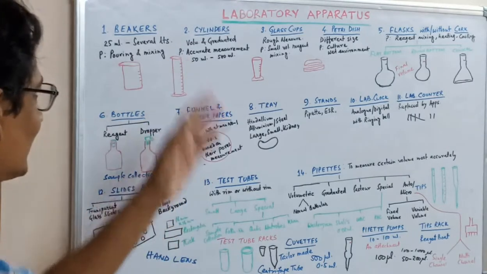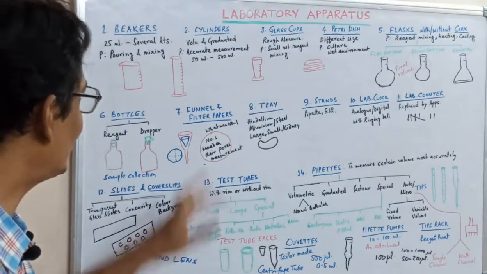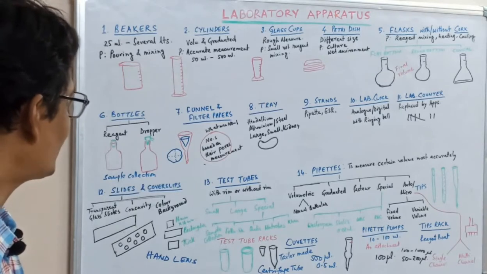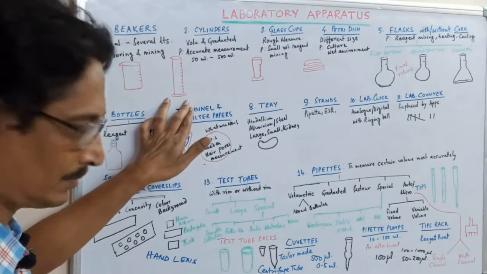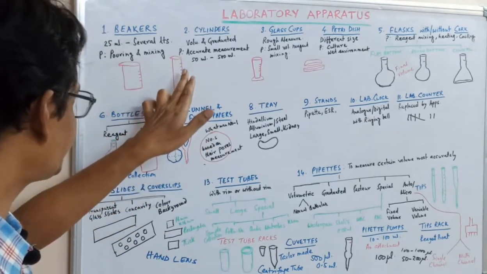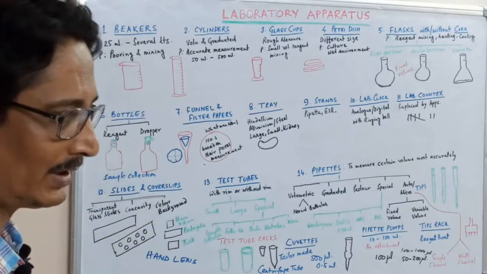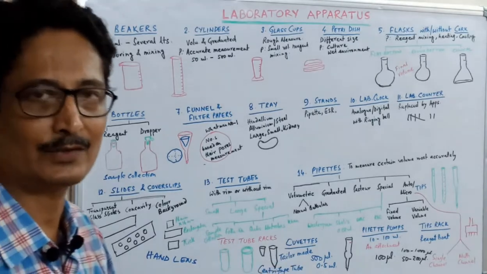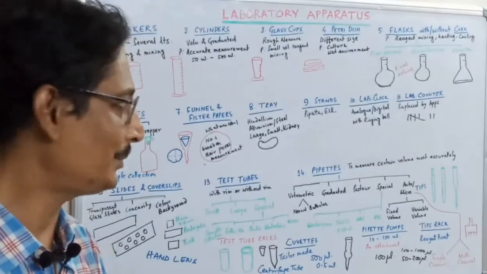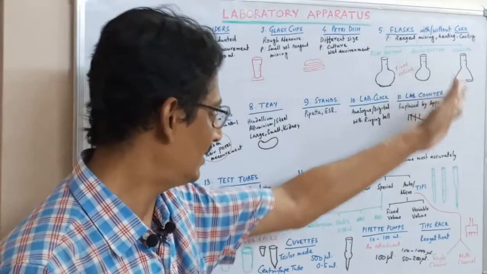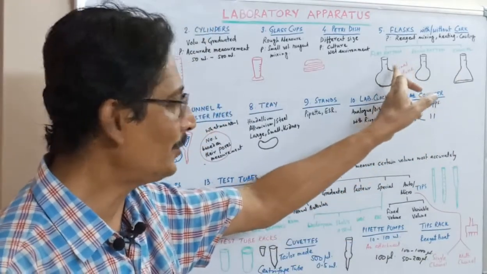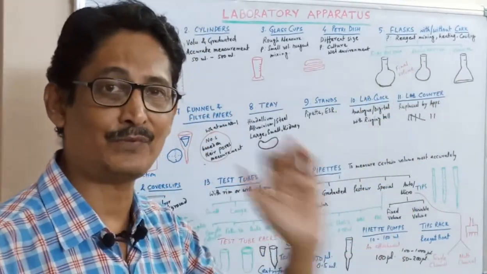So the next is the cylinders. Cylinders have a cylindrical shape, which has a firm bottom, and the cylinders are mainly volumetric or graduated. Now what is volumetric and what is graduated? Volumetric means you can measure the final volume.